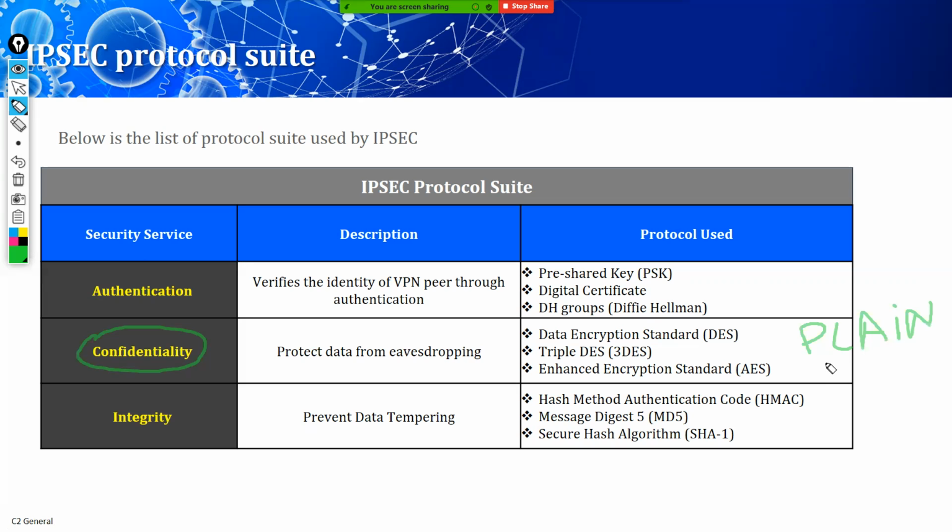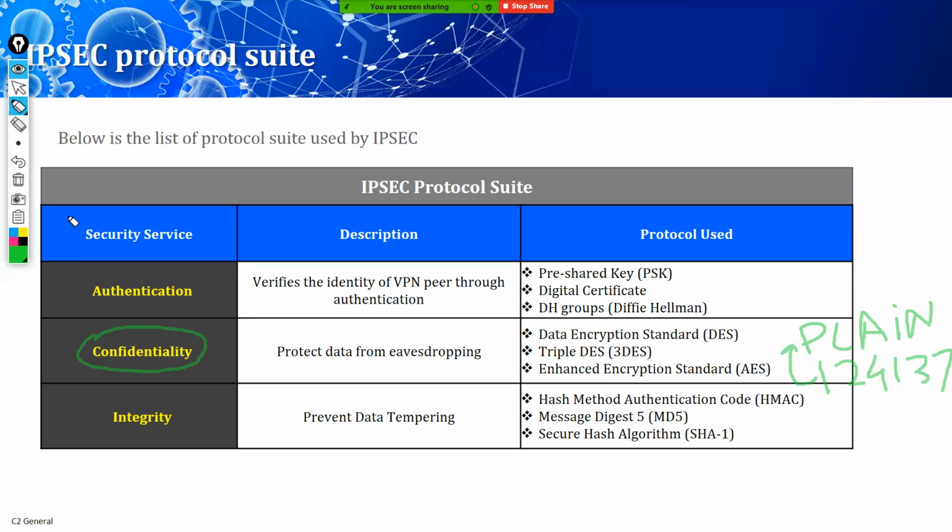But if it's encrypted, then the eavesdropper will not be able to understand what I'm sending. So instead of "plain", if I send, let's say, 1 2 4 1 3 7, only me and the receiver will know it means "plain". But anyone who is eavesdropping cannot conclude that this code means "plain". This is done using encryption.